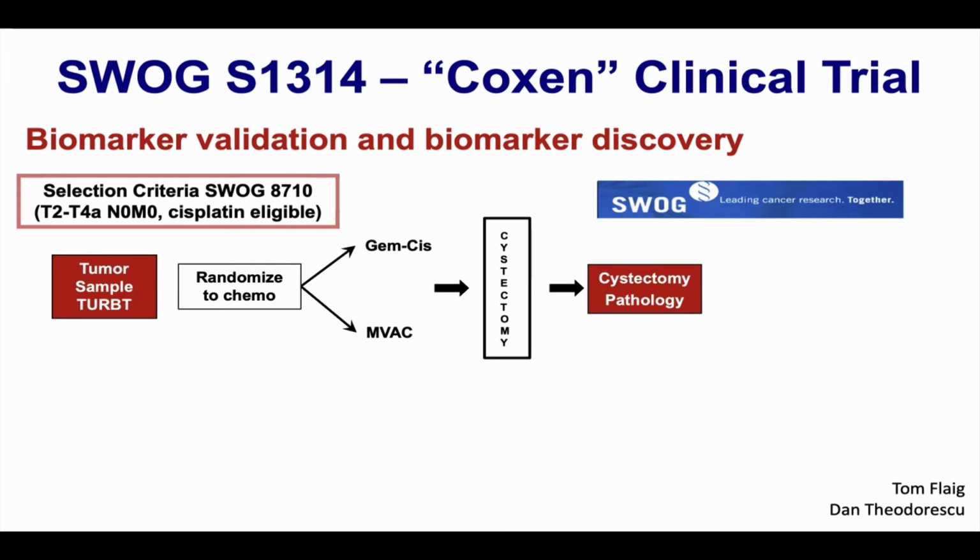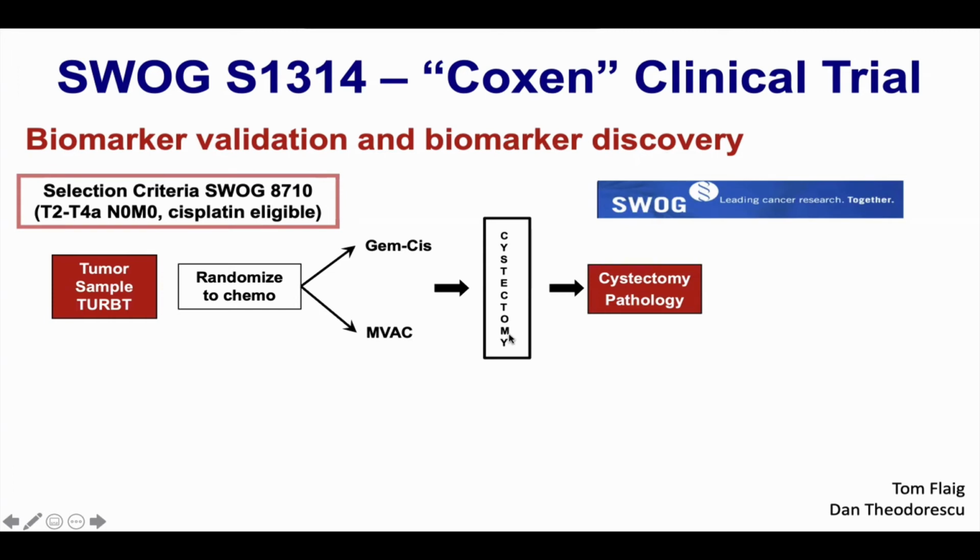And there was a lot of excitement around this because it was a trial built specifically around biomarker validation and discovery of new biomarkers. And so it was your typical muscle invasive bladder cancer cohort, so node negative, muscle invasive disease, cisplatin eligible. Patients were randomized to receive either gemcitabine and cisplatin, which is of course what we usually do in BC and most places in Canada, versus MVAC, and this was mostly dose-dense MVAC, which some places in the US prefer.